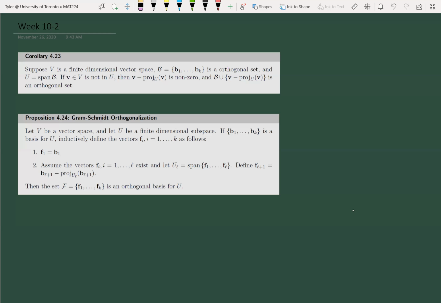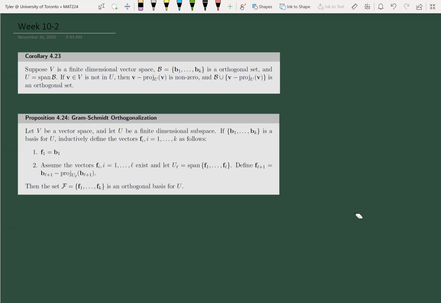So we start off with Corollary 4.23, and it says that if you give me an orthogonal set, and we look at the span of that orthogonal set, and then you give me a vector which does not lie in that span, then when I compute its orthogonal component, I get something which is non-zero.